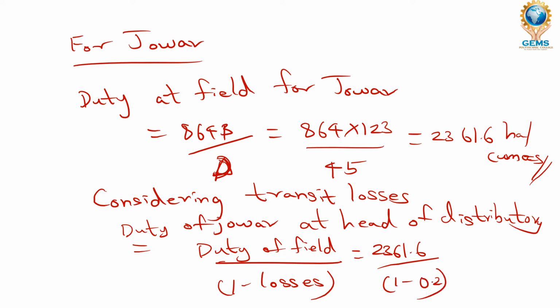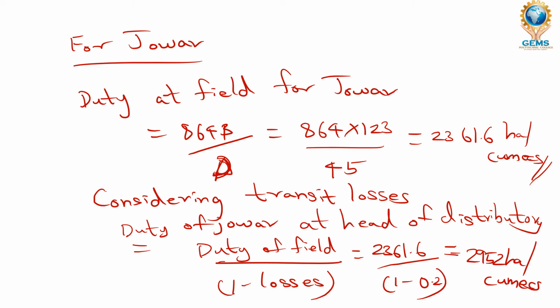What is 0.2 here? The loss which we have converted from percentage to decimal. Instead of putting 20%, I am converting the percentage into a decimal value and putting it here. After dividing, it's 2952 hectare per cumec. Since it's duty, it's in cumec.